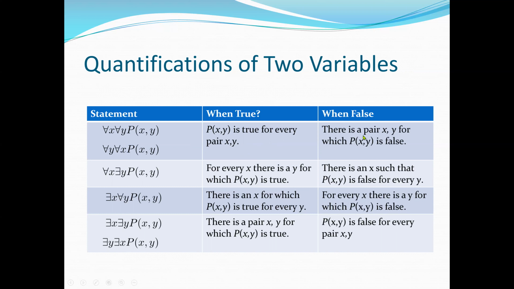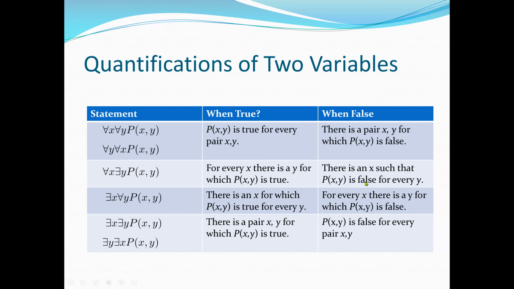Also, there's a pair x and y for which P(x, y) is false, and that's again possible. Now all x and some y, P(x, y), true for every x, there's a y for which P(x, y) is true. Also there's an x such that P(x, y) is false, as we saw in our example.